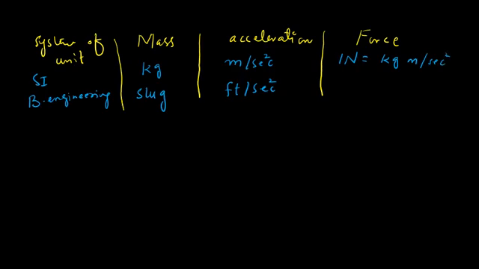In the British engineering system the unit of force is pound, and 1 pound is equal to slug foot per second square. One convenient approximation is that 1 Newton is equal to 1/4 pound. This is the conversion of the unit from Newton to pound.